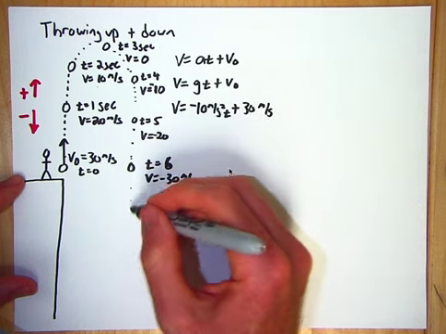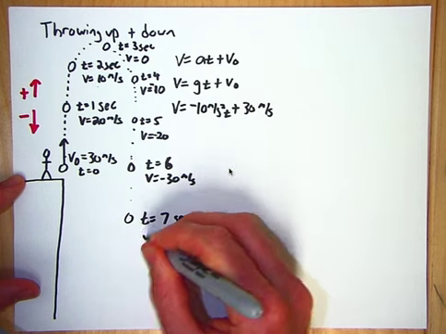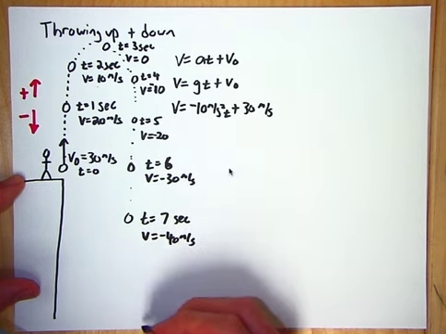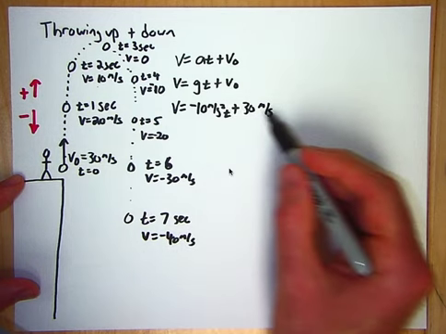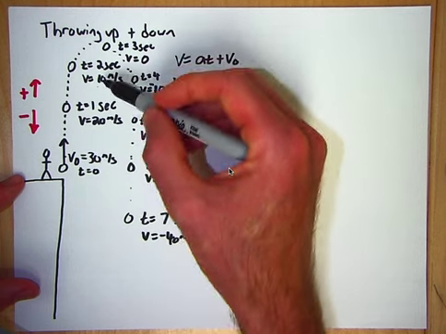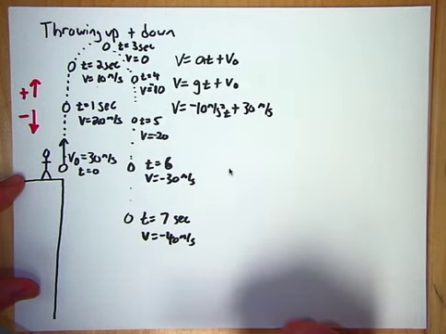And then we can keep going on and on and on. t equals 7 seconds, v is going to be negative 40 meters per second, and so on and so on. Plug it into this formula, it works every time, right? Or you can just think logically. 30, 20, 10, 0, negative 10, negative 20, negative 30, negative 40, and so on and so on.